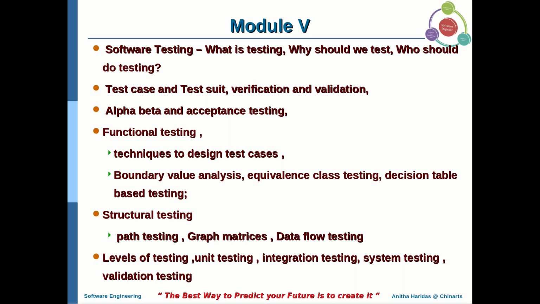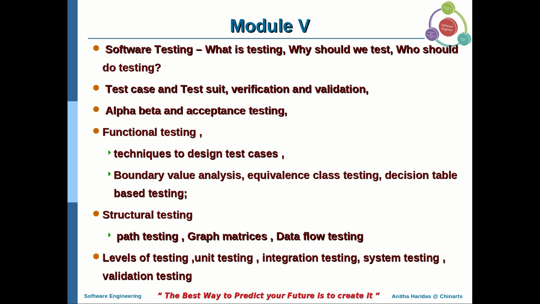Now, after the software design, the next phase of the software development life cycle is coding, which we are not going to discuss here. Of course, you can select any one of the suitable programming languages for the coding, and the design will be implemented as a program in the coding phase.